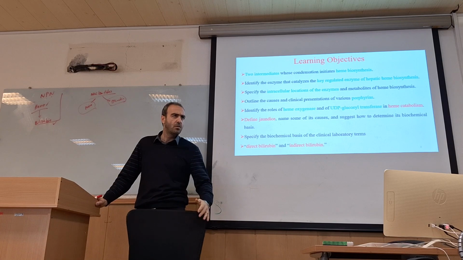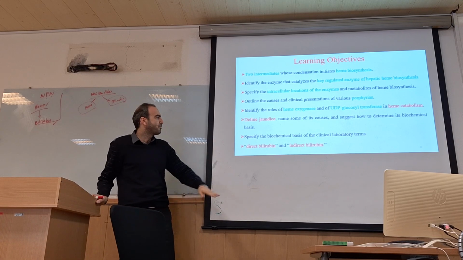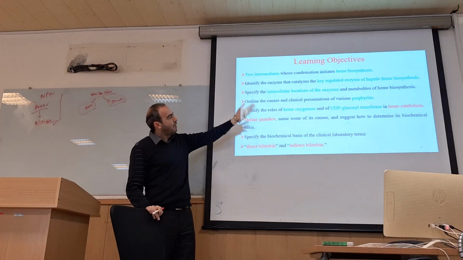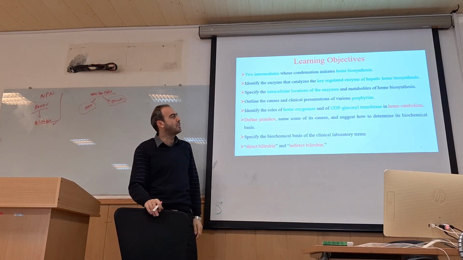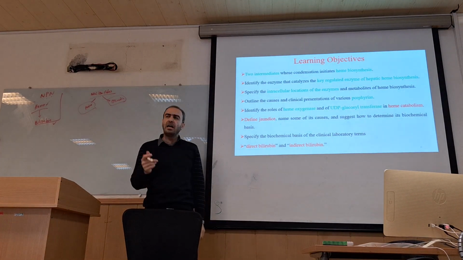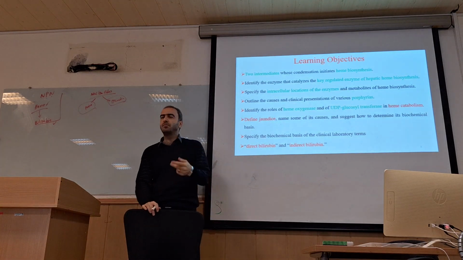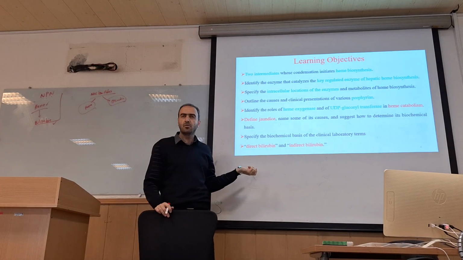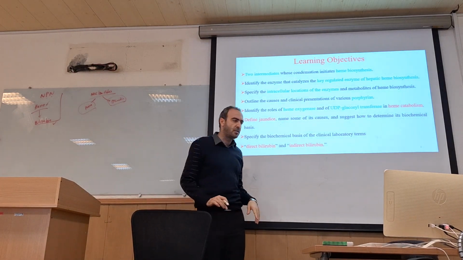Define jaundice, what is that? Actually, many types of jaundice exist, and we should know two terms: direct and indirect bilirubin. What they are, and why we call them direct and indirect.